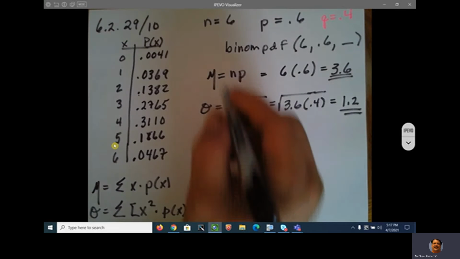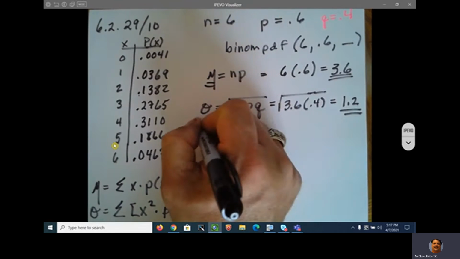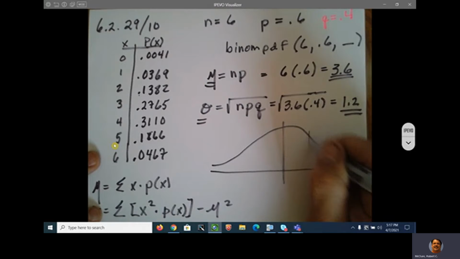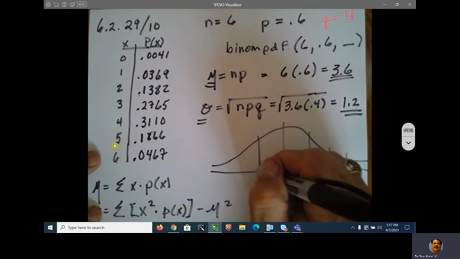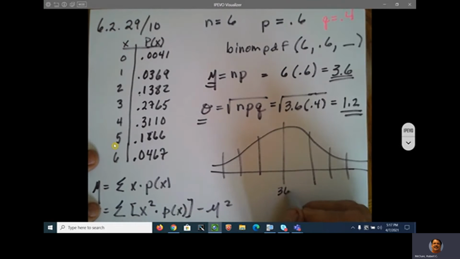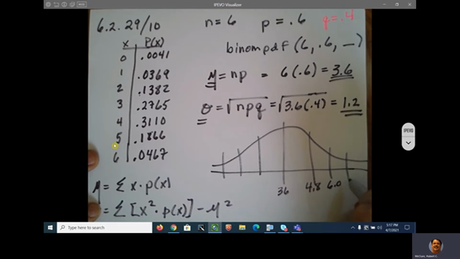Now, again, you have the mean and the standard deviation. You could be asked in some questions to draw the curve with 3 standard deviations on the right and 3 standard deviations on the left: 3.6, 4.8, 6.0, 7.2.